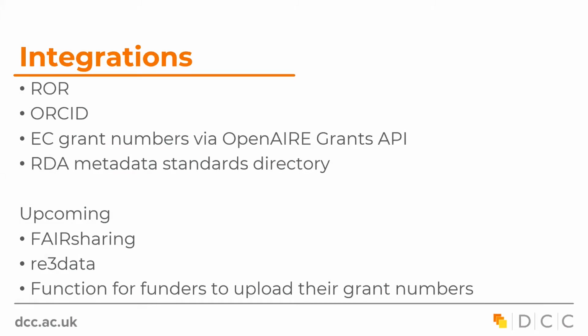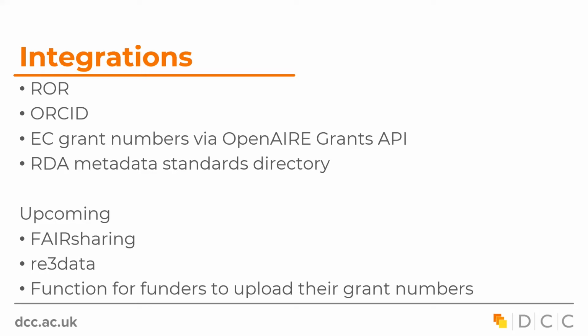Of course, the big drive is for machine actionable DMPs. And we are integrated with a variety of systems, the Research Organization Registry, so that we can add organizations in the background, and people can select them. At the moment, there are some restrictions on this for DMPOnline, but for the wider DMP Roadmap code, it works with ROR.